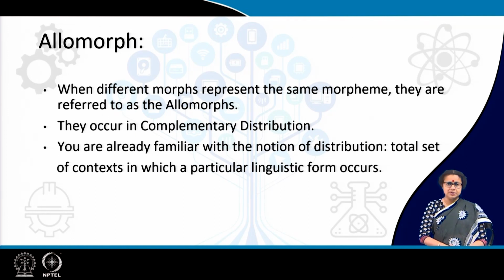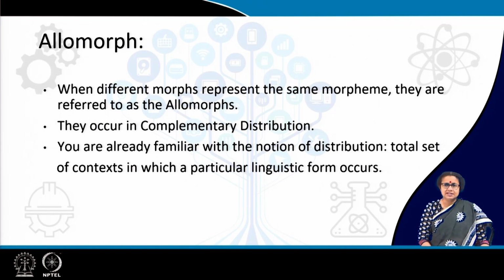You are already familiar with the idea of allophone in phonology. So, you understood that there is some kind of distribution-centric division that we need for talking about this idea of allo. In morphology, when we talk about allomorph, we define it in this way: when different morphs represent the same morpheme, they are referred to as allomorphs.